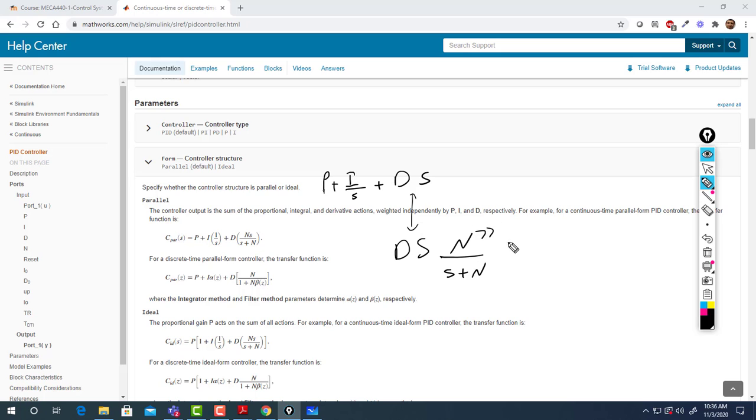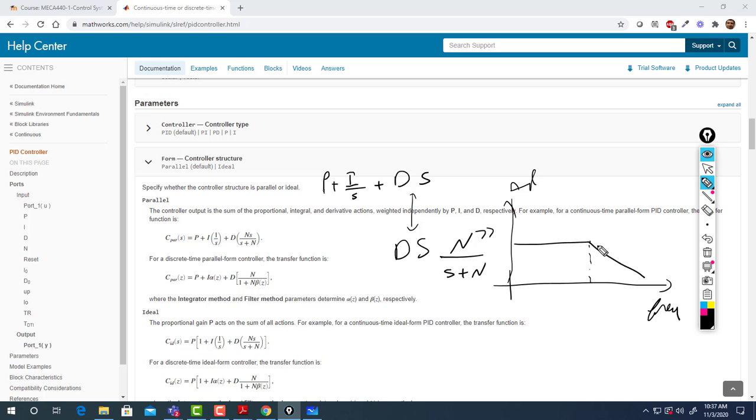This filter will filter the high frequency noise. If you studied filters somewhere, low pass filter and high pass, yes, in measurements, and you know a little bit about Bode diagram. So this is kind of a low pass filter. This is frequency, if you want, and this is amplitude.